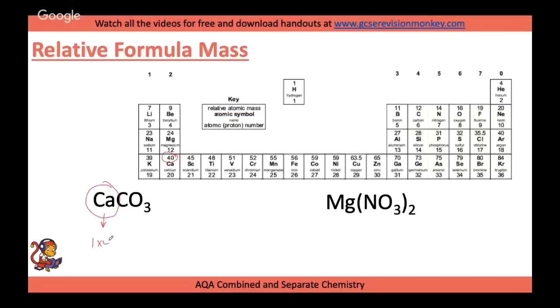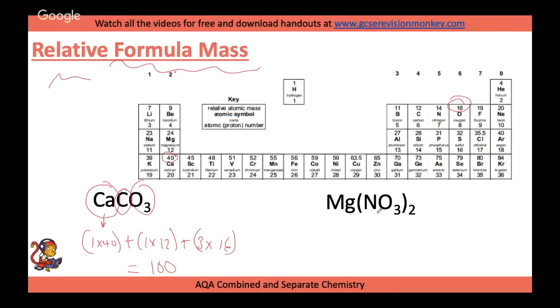So 1 times 40. Add that, there's 1 carbon, so add that to 1 times 12, and add that to 3 times, and let's look at oxygen, 16. So you basically want the mass of the whole formula, hence why it's called formula mass.